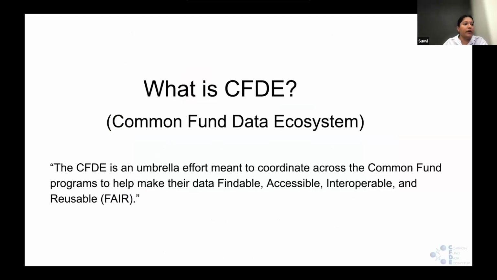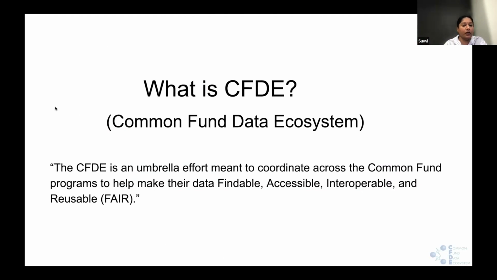Okay, so that's where CFDE comes into play. As mentioned before, CFDE stands for Common Fund Data Ecosystem. It is an NIH-funded project, NIH Common Fund project, I should say. It serves as a metadata hub or repository, hosting metadata about the data assets generated at each DCC, which will allow cross-program searches and make discovery of data easy.